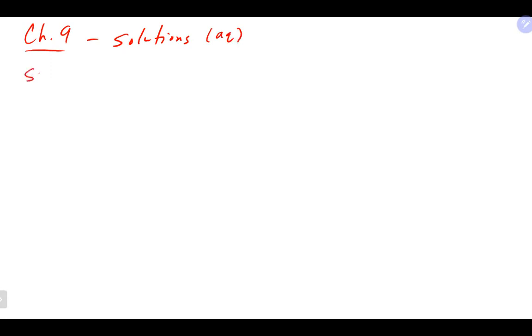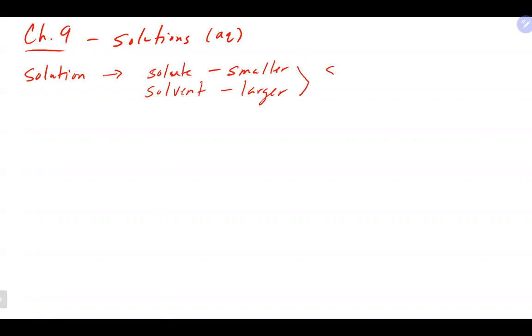A solution is really made up of two parts. One is the solute, which is the smaller part of the solution, and the solvent, which is the larger part of the solution. So when you take both of those together, that does represent a solution, which really is a homogeneous mixture, which means everything really dissolves in one another.